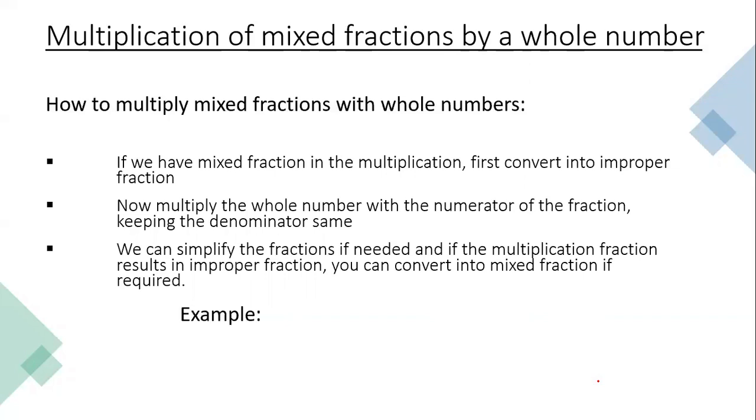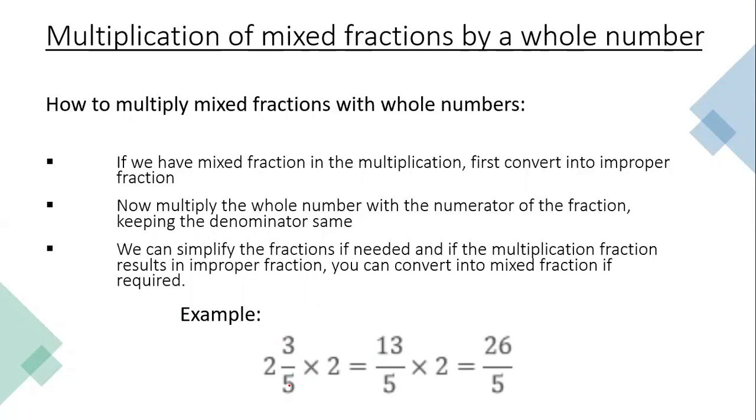Let us see one example. This is 2 and 3/5. As we can see, this is a mixed fraction and it is multiplied by the whole number 2. So first we have to convert the mixed fraction into an improper fraction.